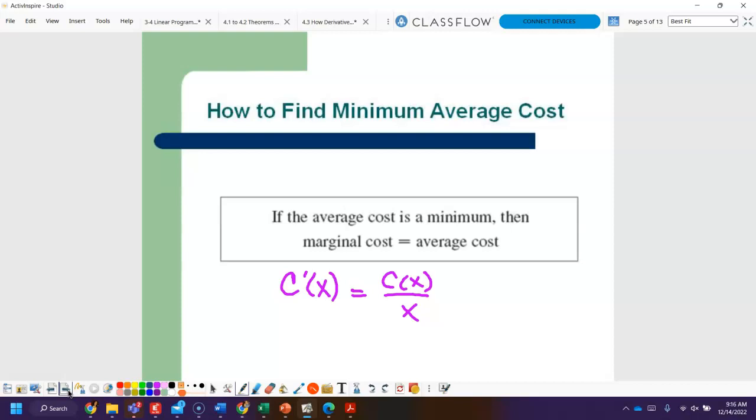Mean value theorem, yes, because it's f prime of c equals the slope of the secant. Slope of the secant means average of the slopes, right? So the minimum average cost is the economic variation of MVT.